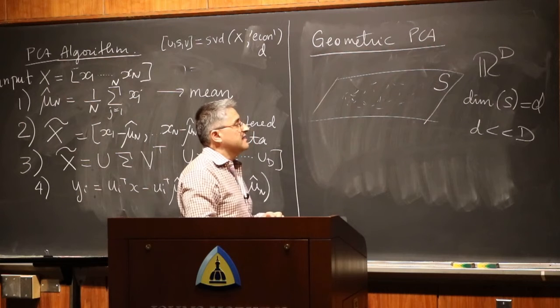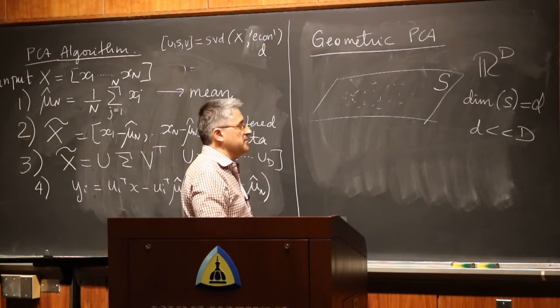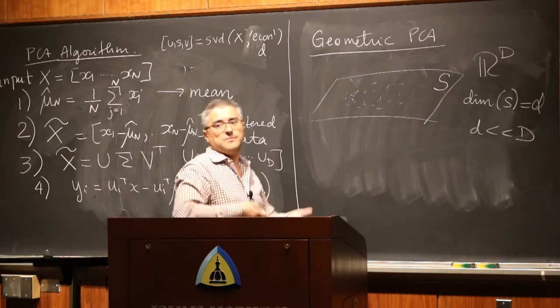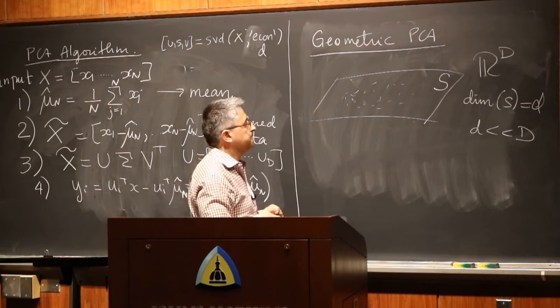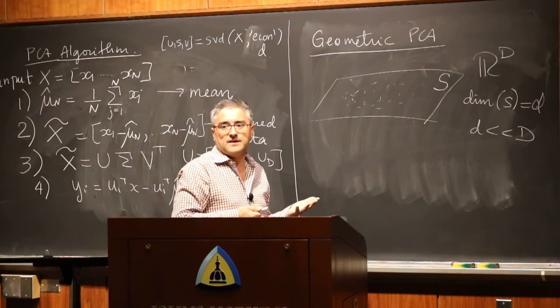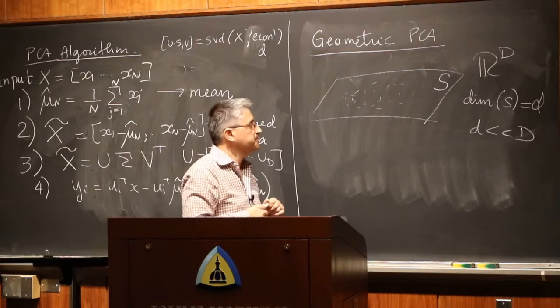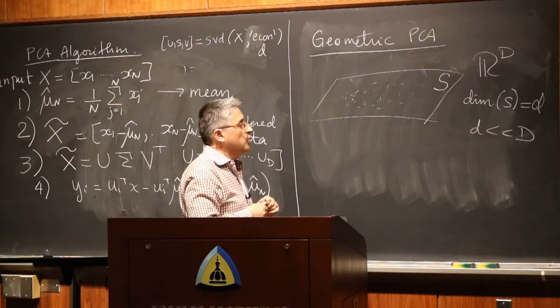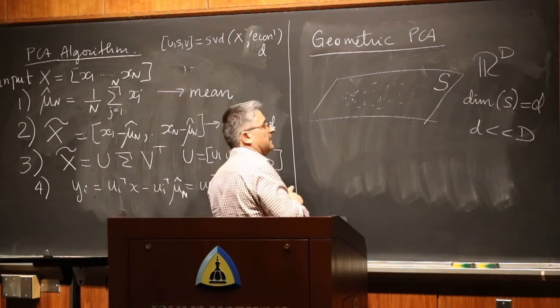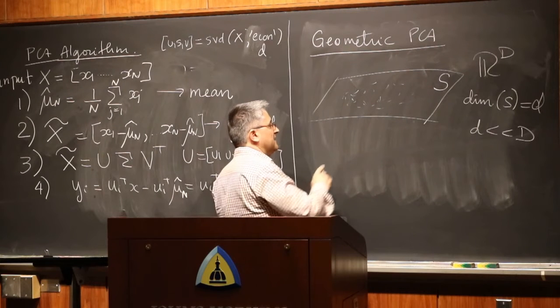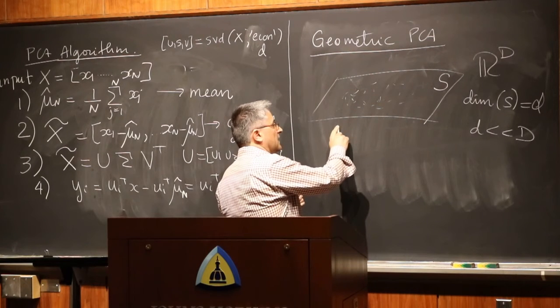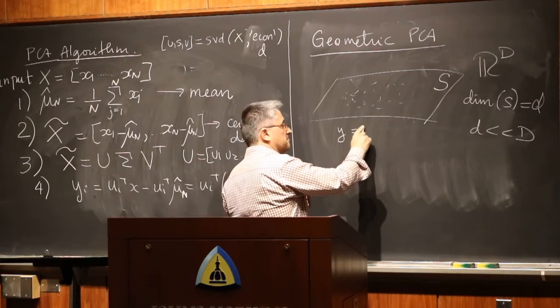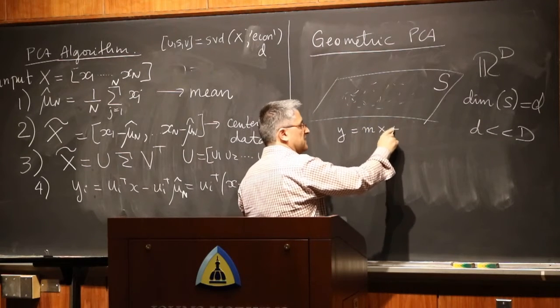So what that means is that I need to make the assumption that every data point comes from a subspace. So how do I write that down? You might remember the equation of the line. Let me just do the simplest example.